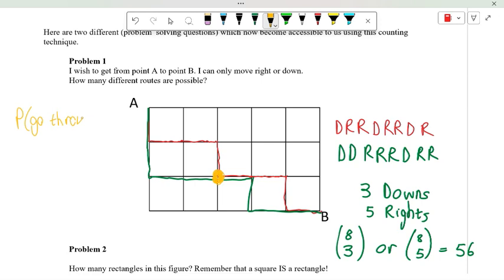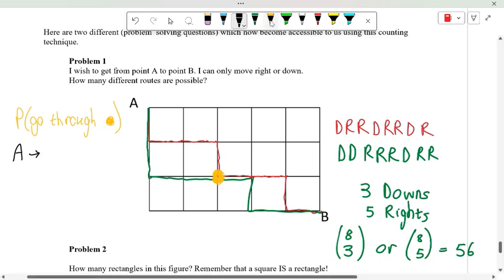What we need to know is how many of those 56 paths go through the orange dot. We can quite easily work that out using exactly the same strategy, because the number of paths from A to the orange dot, I should be able to work out, and then the number of paths from the orange dot to B, I should be able to work out.